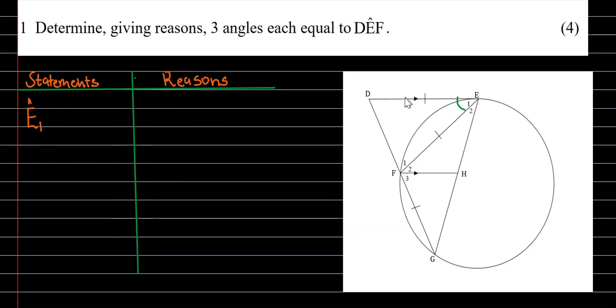So let's come here and see which angle is equal to E1, right? Okay, first of all, I know that DE is a parallel line. So how do I consider parallel lines and look at angles concerning parallel lines?